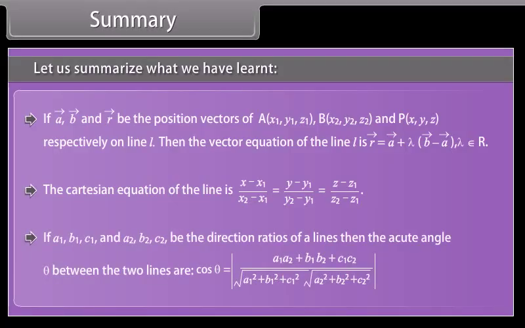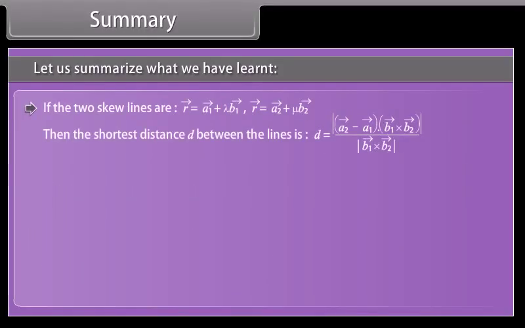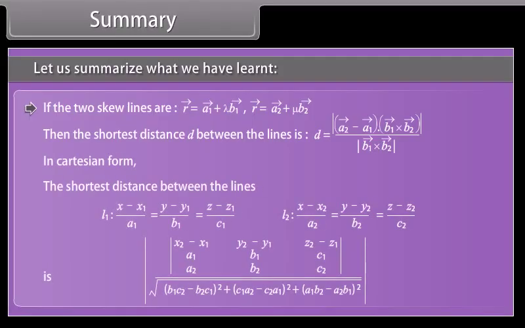If a1, b1, c1 and a2, b2, c2 are the direction ratios of two lines, then the acute angle theta between the two lines is given by the following. If the two lines are skew, then the shortest distance d between the lines is, in Cartesian form, the following.